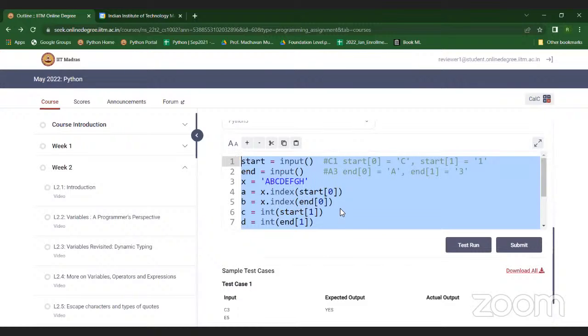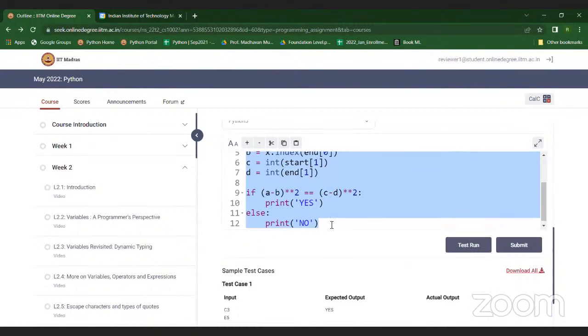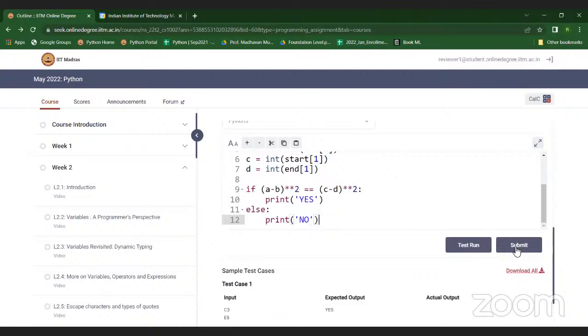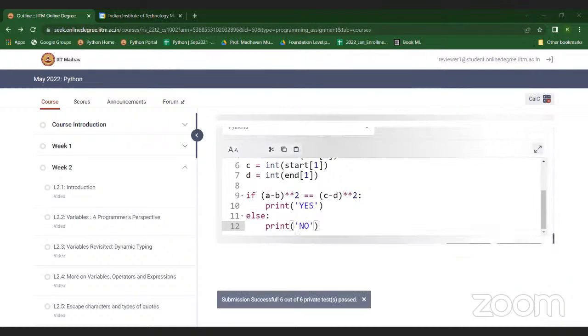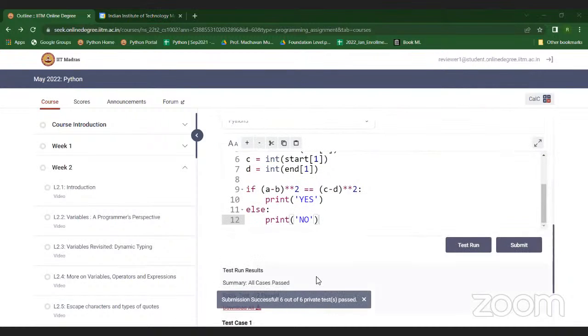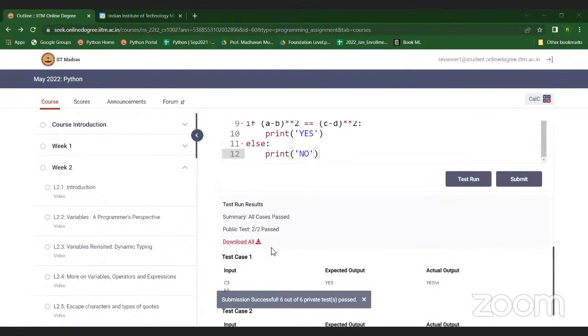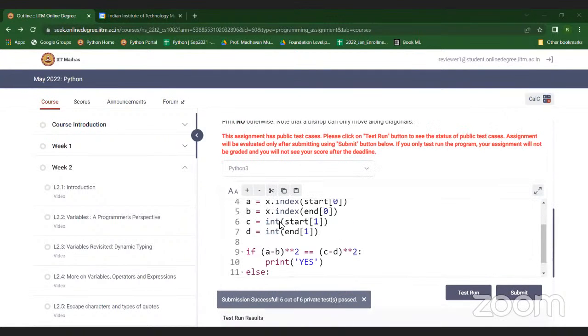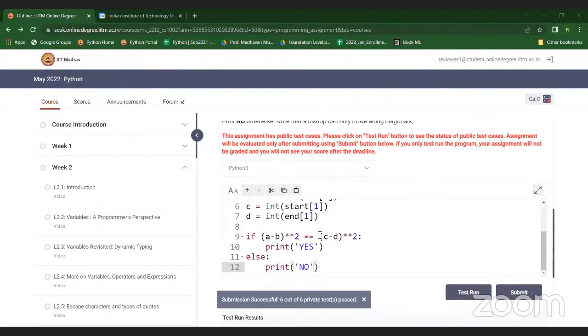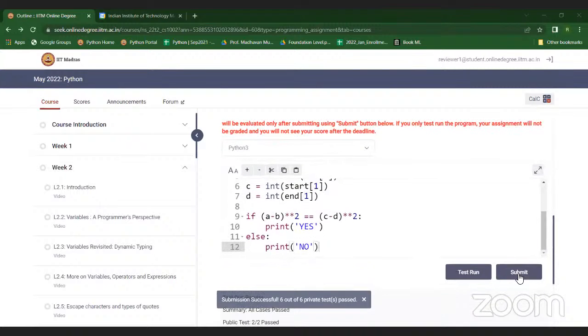One good idea is to copy the code before you hit on test run, because there are some problems with the portal. It could log you out. Yeah, it has happened a number of times with me. So it's always better to copy the code before you hit on test run or submit, because you would have done some 20 or 25 lines of code.